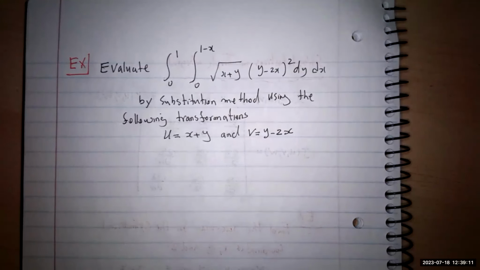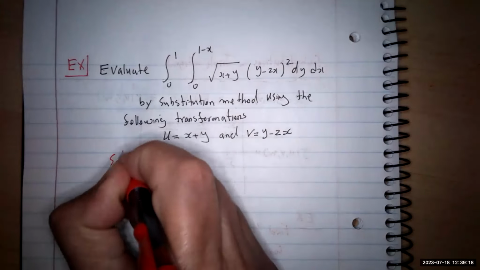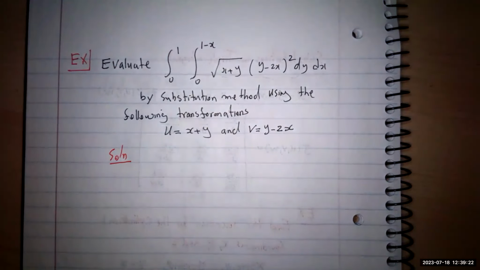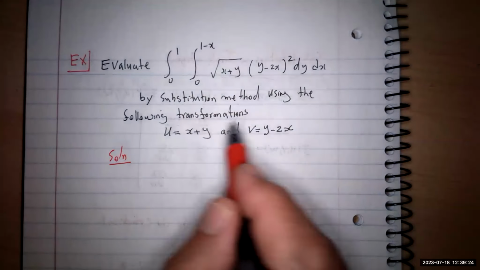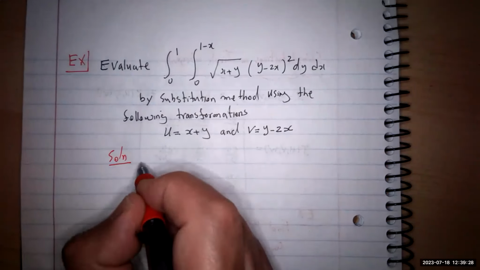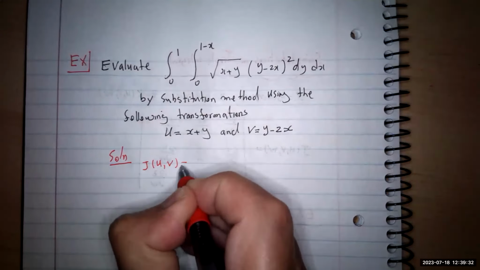First thing to do, you have to find the Jacobian. So the solution is going to be: you change your variables into u and v. The first part is the Jacobian of u and v.